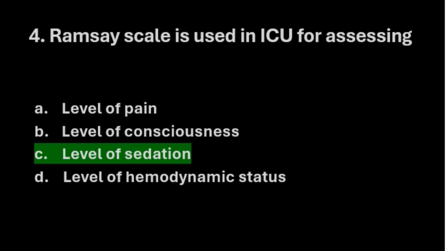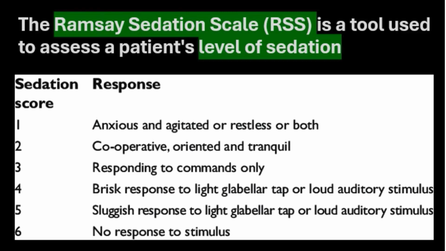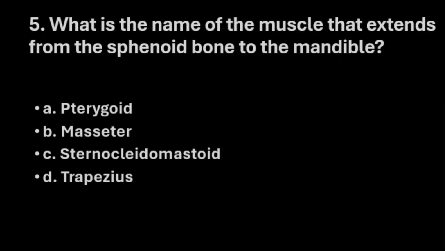So Ramsay scale is used for assessing the level of sedation in ICUs. These are the sedation response scores from 1 to 6 or 1 to 8 according to different levels of patient status, and the level of sedation will be assessed.